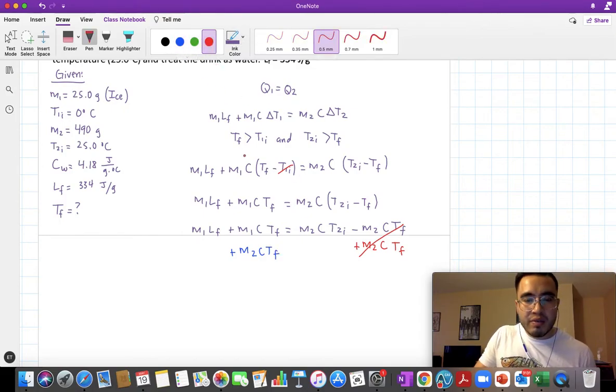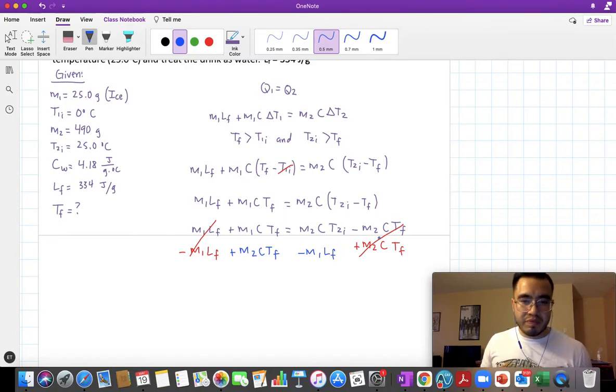And then let's move the latent heat, minus mass 1 times latent heat of fusion.